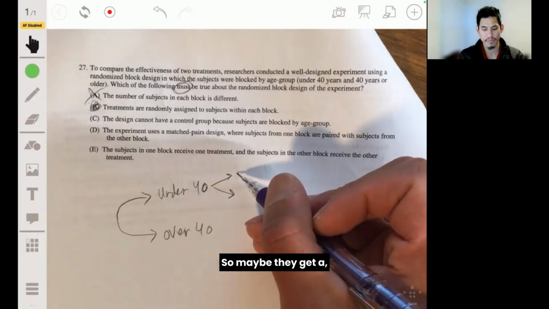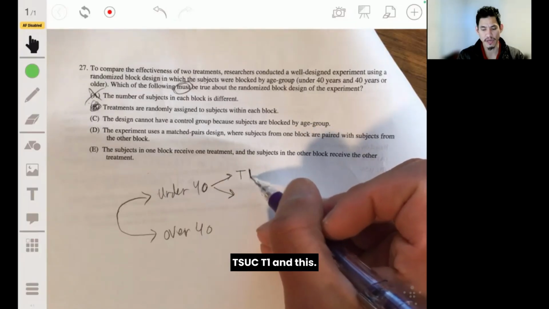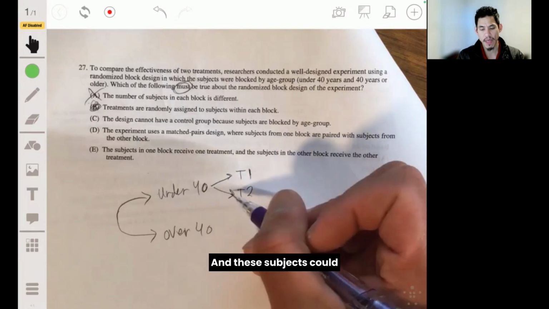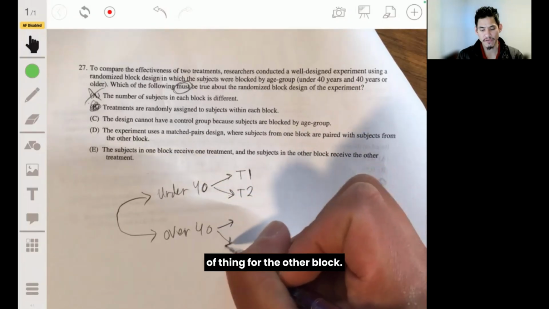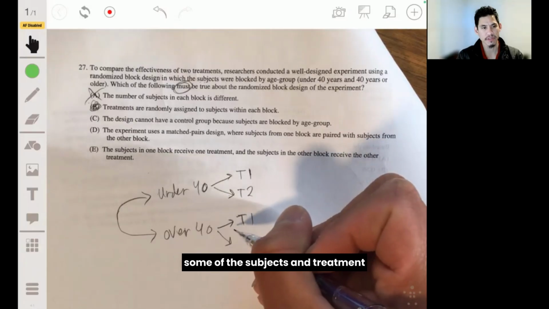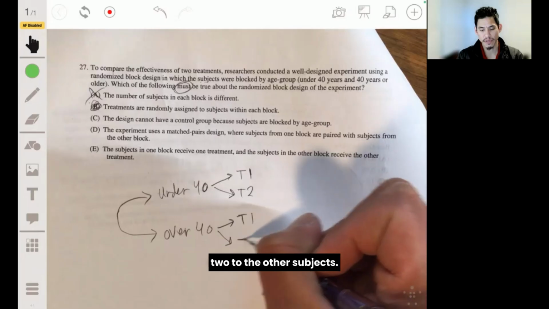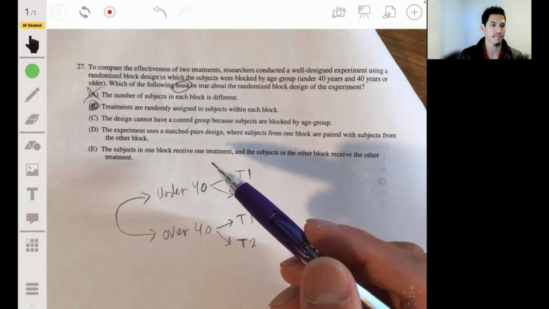So maybe they get, let's say, treatment 1, T1, and these subjects could get treatment 2. And you do that same sort of thing for the other block. You randomly assign treatment 1 to some of the subjects and treatment 2 to the other subjects. So within each block, you're going to have random assignments.